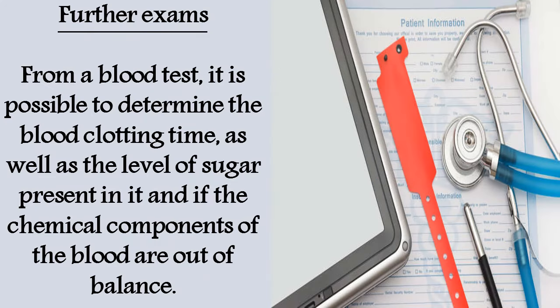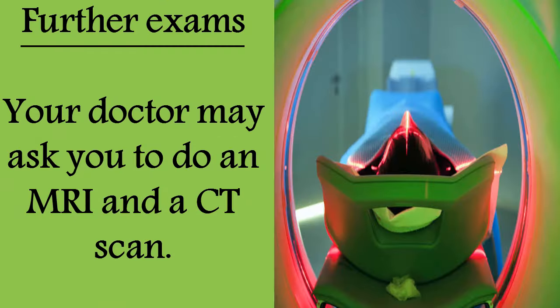Further exams. From a blood test, it is possible to determine the blood clotting time, as well as the level of sugar present in it and if the chemical components of the blood are out of balance. Your doctor may ask you to do an MRI and a CT scan.